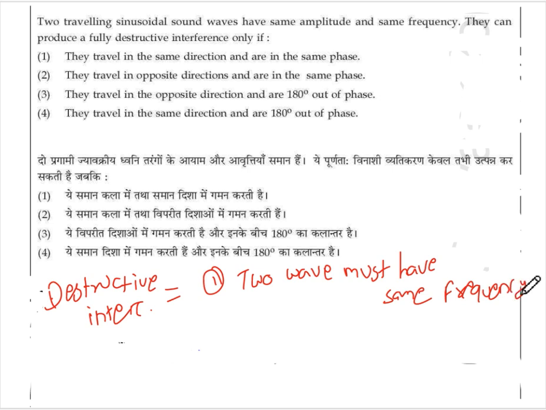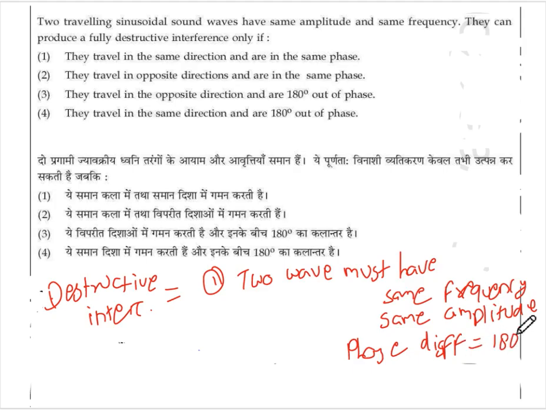So the first option says they must have the same frequency and the same amplitude also. And the phase difference between them must be 180 degrees.